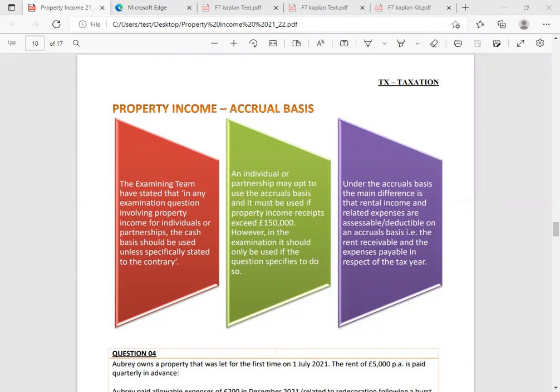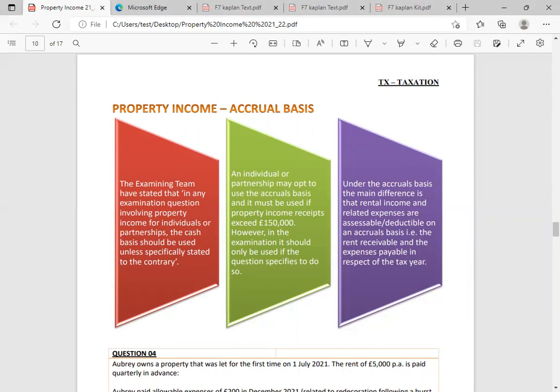The answer is, by default, as we learned in our last class, the basis is cash basis. Money received during the tax year, we will take as a whole. We are not going to prorate it. This is cash basis.